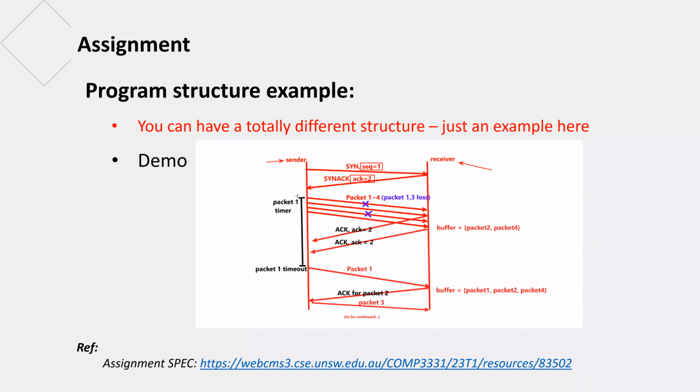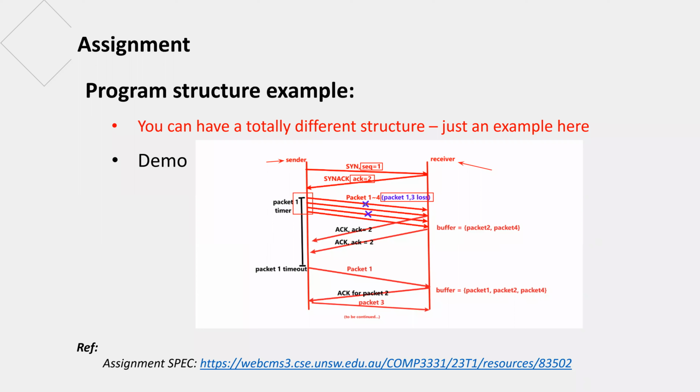And here, you will be able to have pipelining, which allows you to send multiple packets at the same time. Here, the max window size is 4000, so we will be able to send 4 packets in a row. In this case, we have 2 packet losses, which are packet 1 and packet 3.